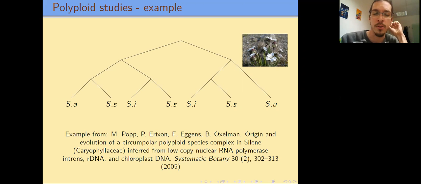Species SI appears twice. So this is a tree that has been reconstructed from some phylogenetic technique from these genomes, and this is a multi-labeled tree.